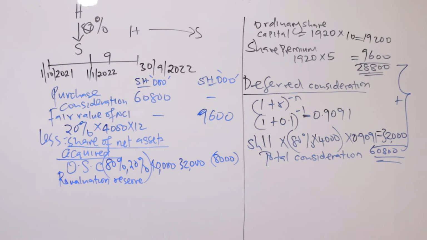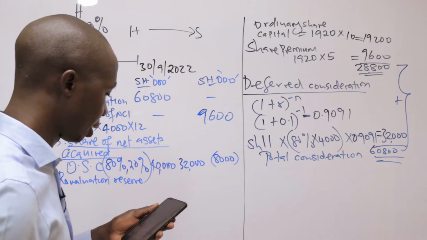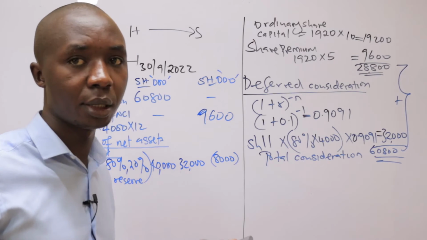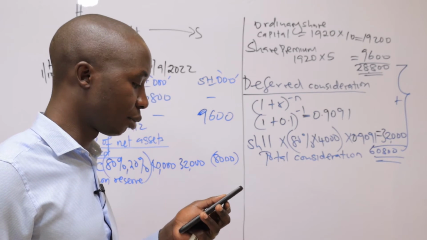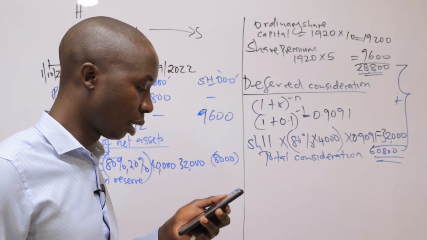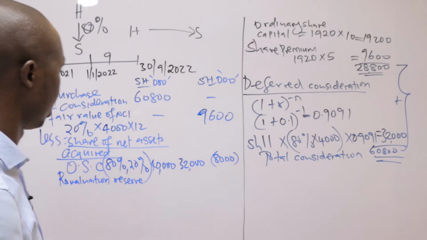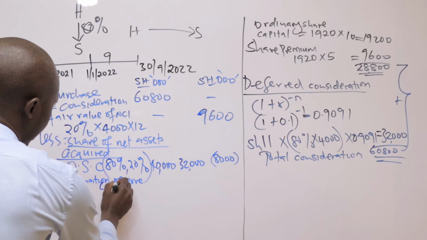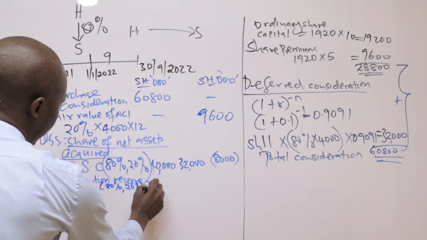It was as at acquisition date based on the question given, because they said as at the date of acquisition, the fair value of S Limited's net assets approximates the carrying value, with the exception of an item of plant, which had a fair value of 24 million above the carrying amount. So it was 24,000. So 80%, 20% of 24,000.